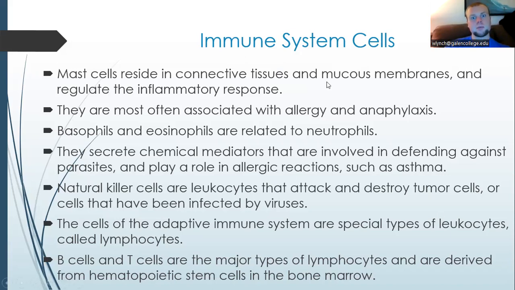The adaptive immune response is going to also be our leukocyte populations of lymphocytes. As we have mentioned previously, our B and T cells are the 2 types of lymphocytes, and they're also going to be produced in the hematopoietic stem cells in the bone marrow.